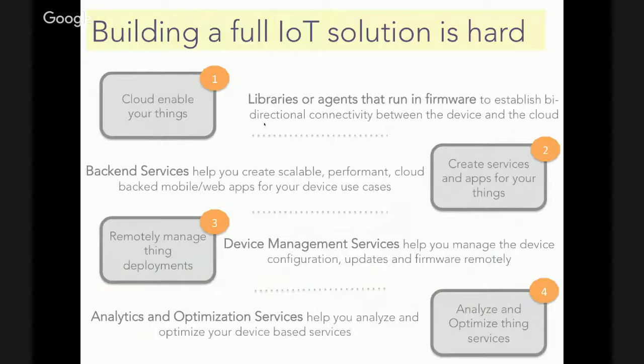So of course, building all of this stuff is really hard. You've got to cloud enable your thing, first of all, whether it's directly from the device or if you're leveraging an app to communicate with the cloud, it's got to be done. If you're a hardware manufacturer, you might not be the best app developer. You might not be the best cloud developer.